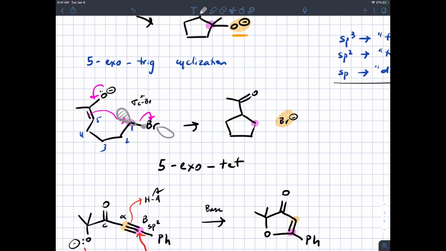So there aren't really that many geometric constraints for substitution reactions as long as your ring size is going to be 3 or bigger, and that's convenient because 3 is the smallest ring you can make.